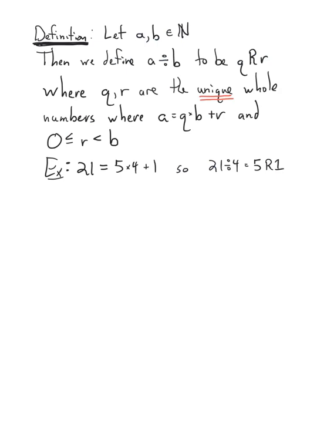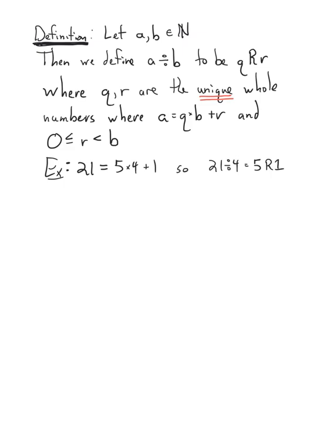The way we're going to define division, let's say we want division of two whole numbers a and b, we're going to define a divided by b to be the quotient q with remainder r, where, let me tell you what these numbers are. They're the unique numbers where we can write the dividend a as q times the divisor b plus r.